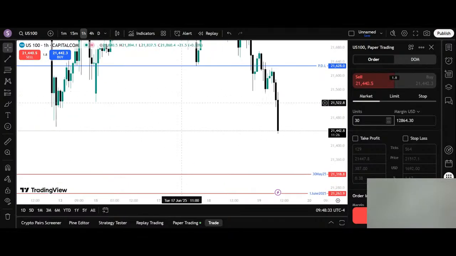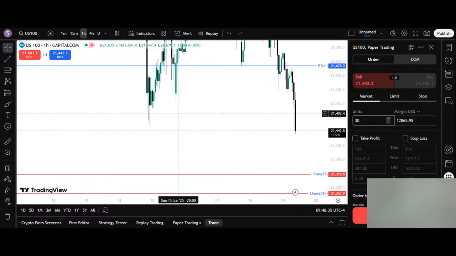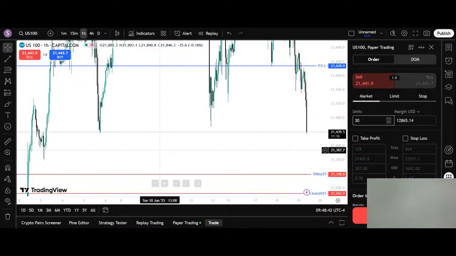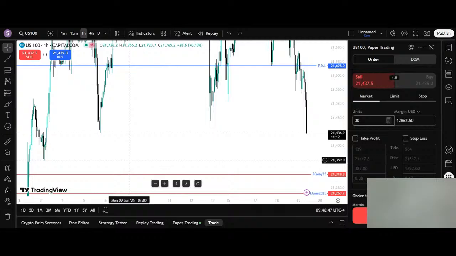It has taken a lot of sell side liquidity now. Its next target, if it goes down, could be 21,360.